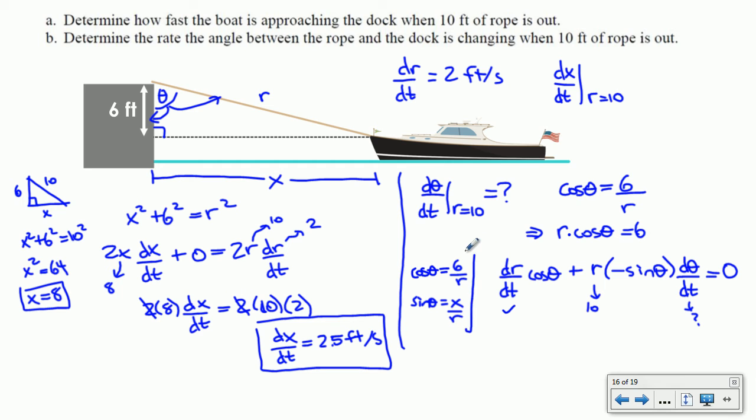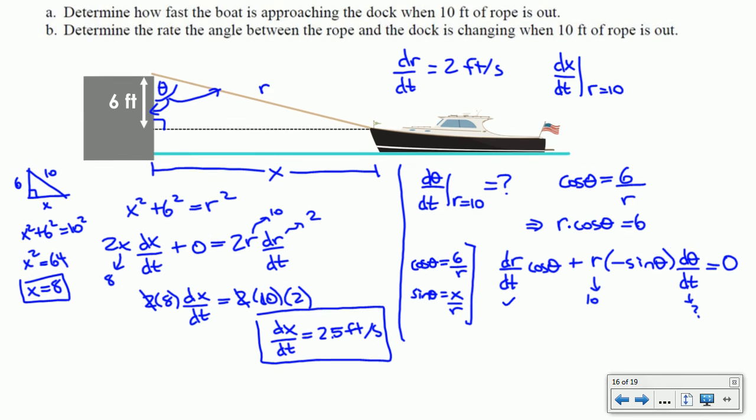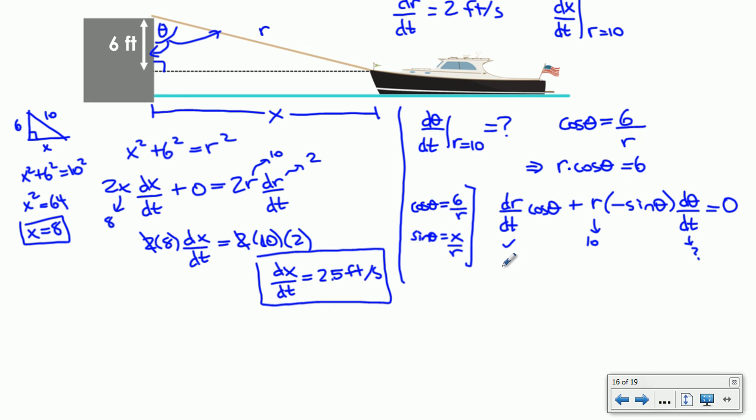So now we just need to figure out d theta/dt by making substitutions here. So dr/dt is 2. Cos theta is 6 over 10. Subtract, so I just brought this negative sign out front. Subtract r, and then sine theta is x over r, so that's going to be 8 over 10.